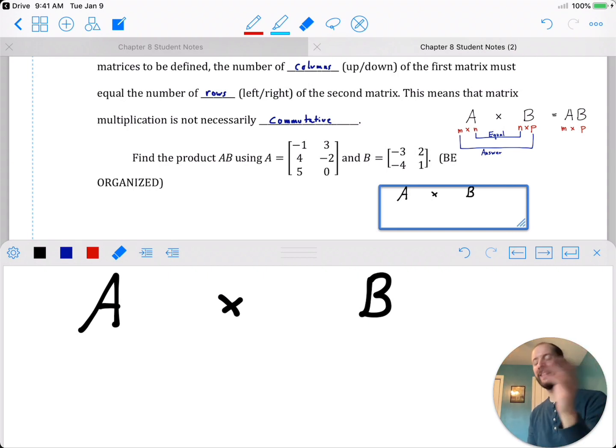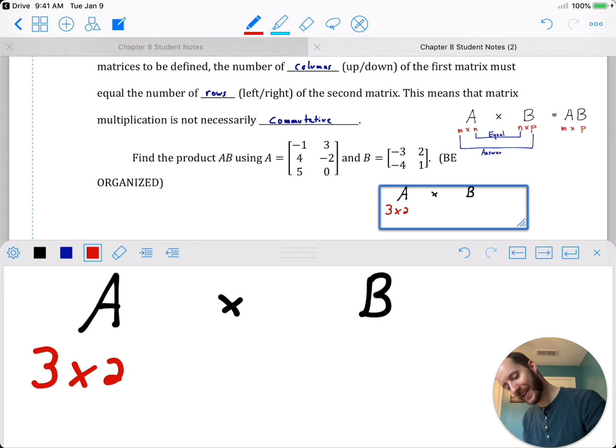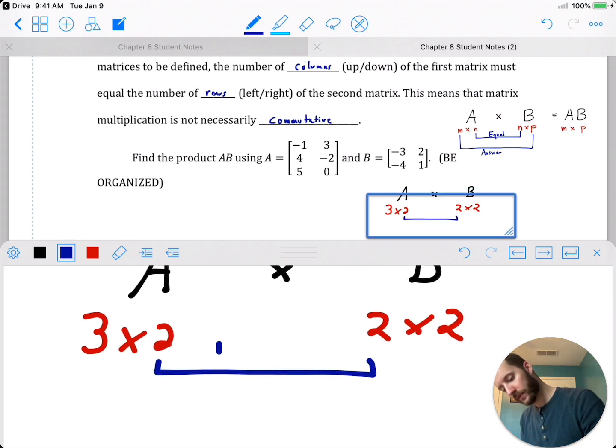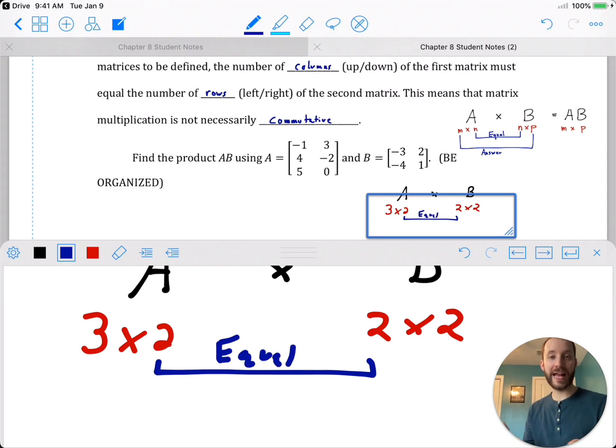Go down, then over. I'm setting up and like, wait a minute, those aren't equal. I must have done something wrong. Okay. So, inside, the 2's are equal. Good deal. So we can multiply. Matrix multiplication is not always commutative. If you want to do matrix B times matrix A, wouldn't that work? You switch it around, you'd have 2 and 3, not equal.